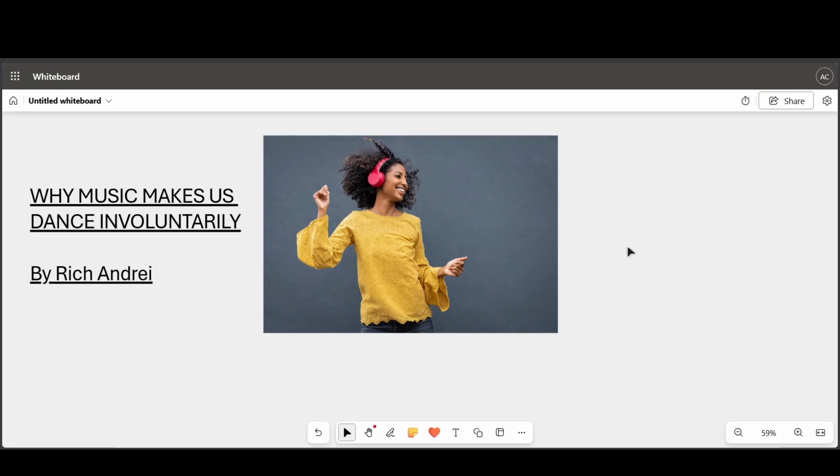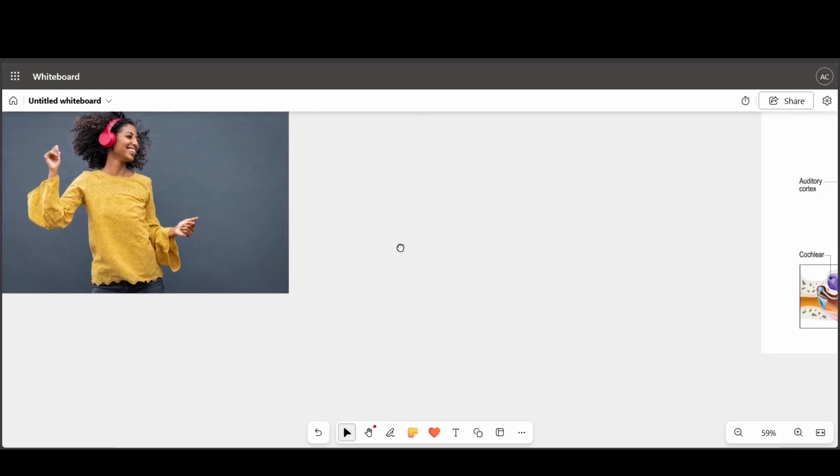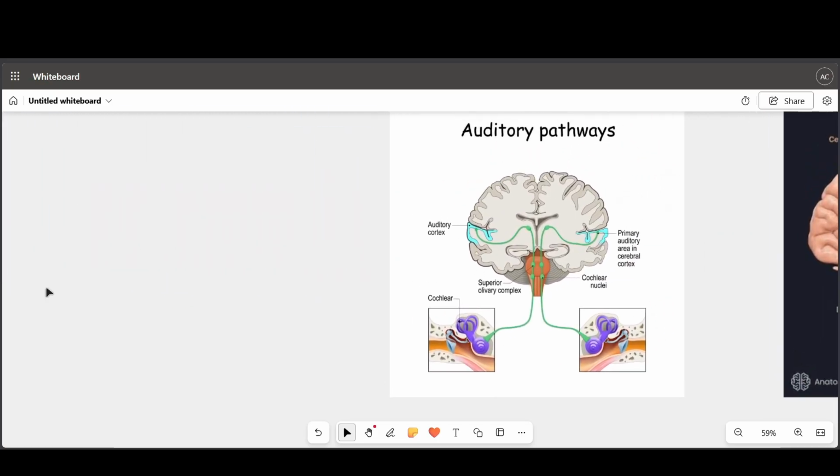The primary reason for this is what we call the auditory cortex. There are these pathways.